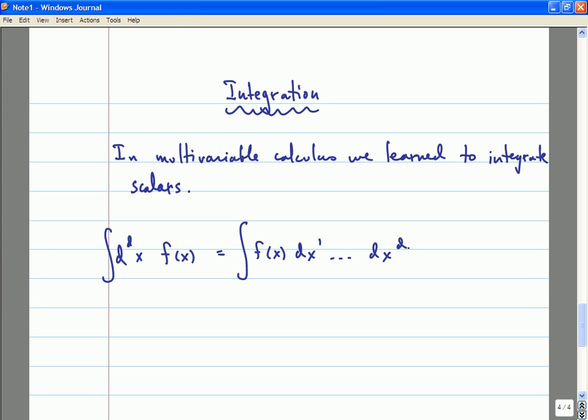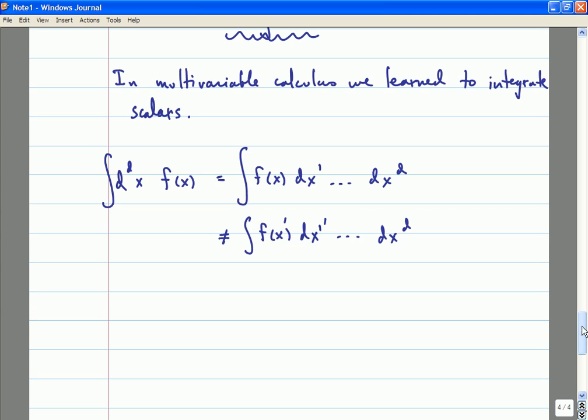And the important point about this symbol is that this expression does not transform in a coordinate invariant manner under a coordinate transformation. Instead, this integral will pick up a Jacobian determinant.